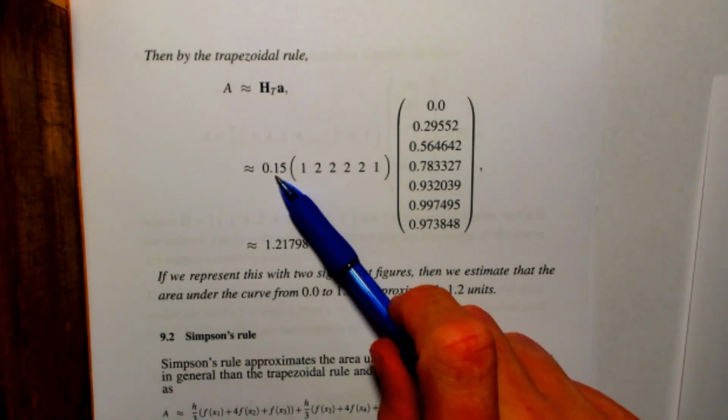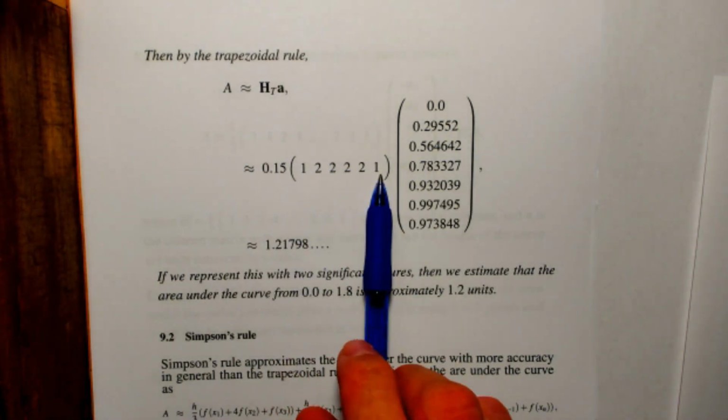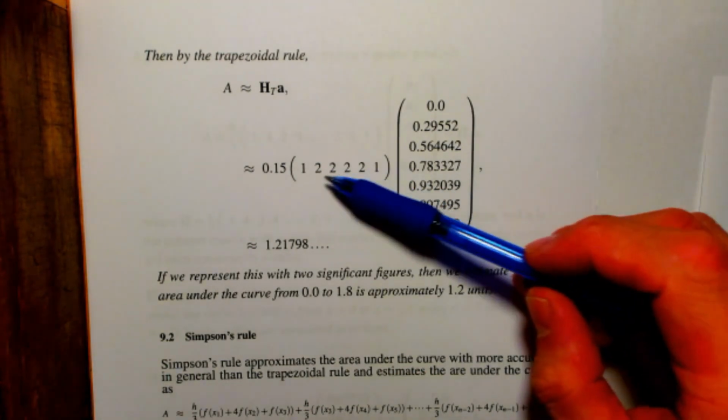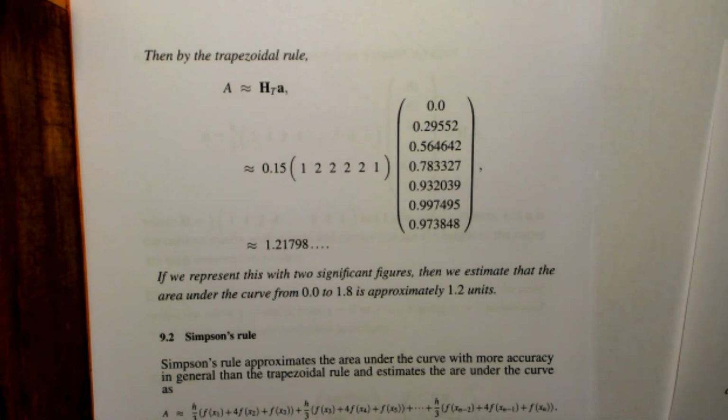Okay, so 0.15 is 0.3 divided by 2. And then here's our matrix of coefficients. Here's our data. So we multiply this by this. Remember that requires a sum. And I get 1.21798 and so on as the area under the curve from 0 to 1.8.